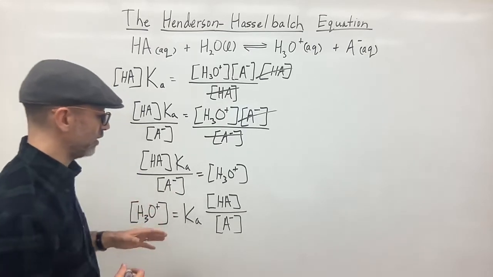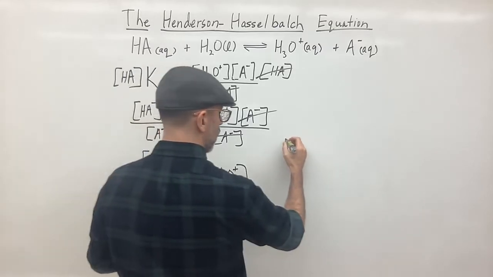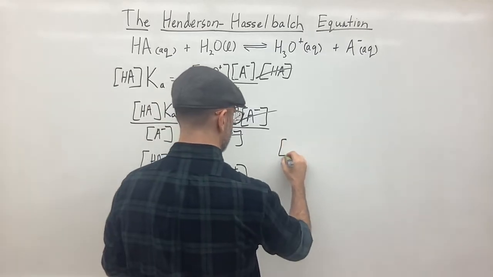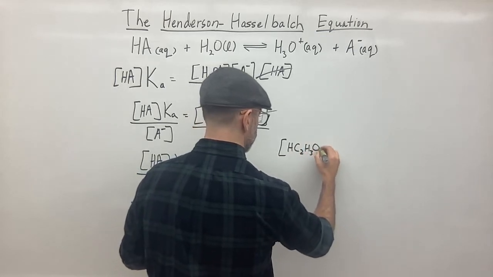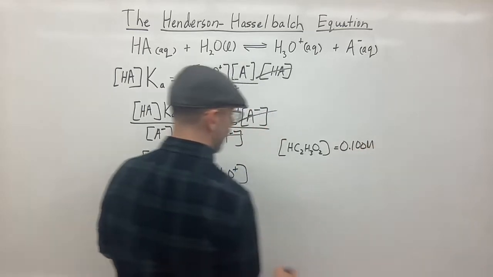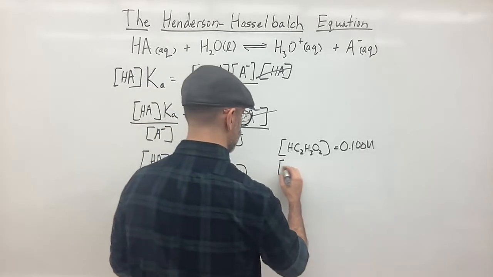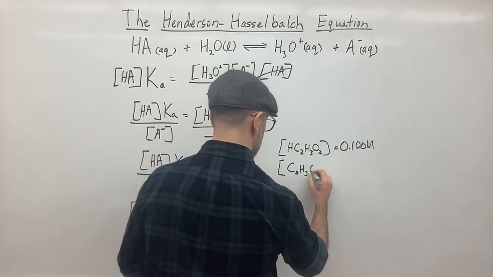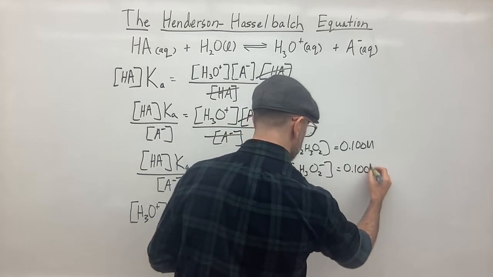So, for example, let's say we have a buffer where, like in a previous problem, you have a concentration of acetic acid, C2H3O2H, that is 0.100 molar. And then the same for your acetate ions, which is your conjugate base. So the C2H3O2 minus concentration is 0.100 molar.